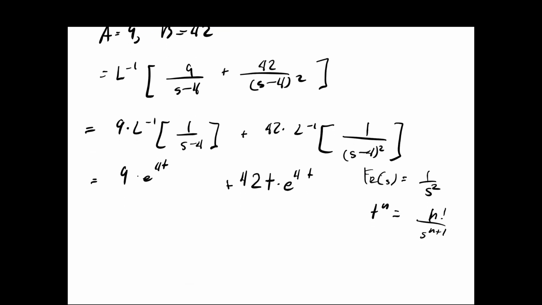And this we know. Now the second one, it's just 1 over s squared. And so we have n factorial over s to the n plus 1. And from there, we still apply our transform of e to the 4t. Same thing here. But this time around we get a t attached to it. And I wrote down that formula right here.